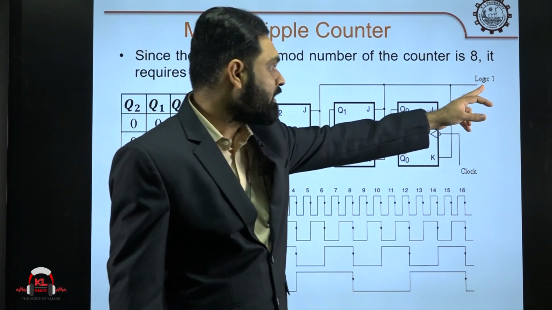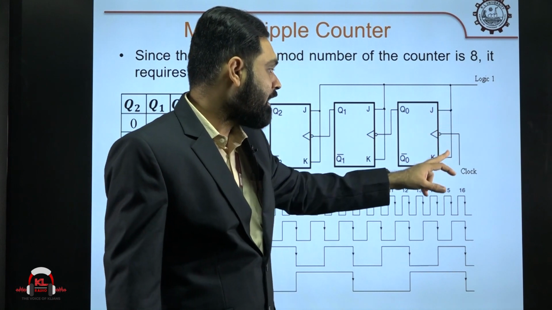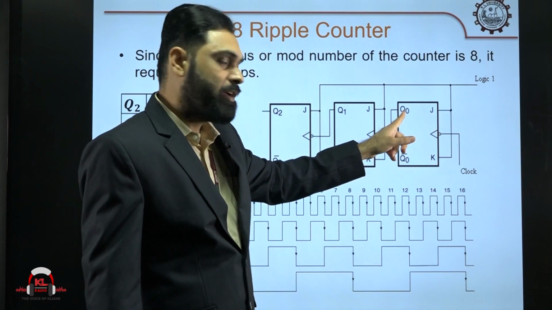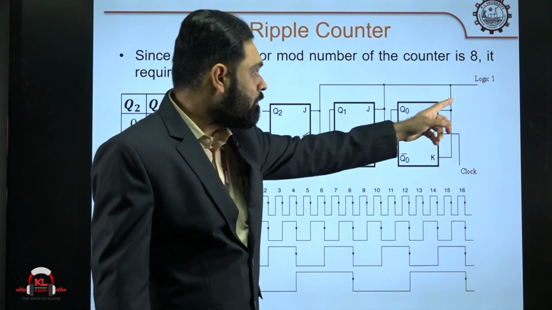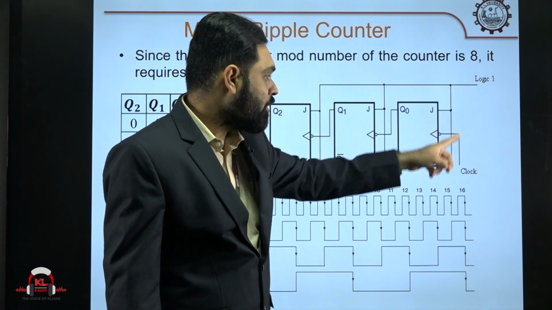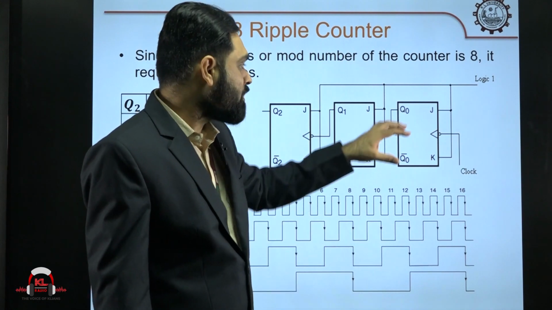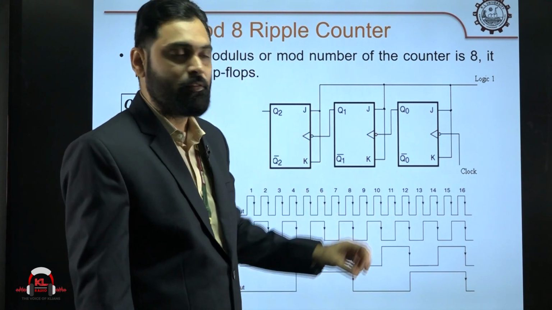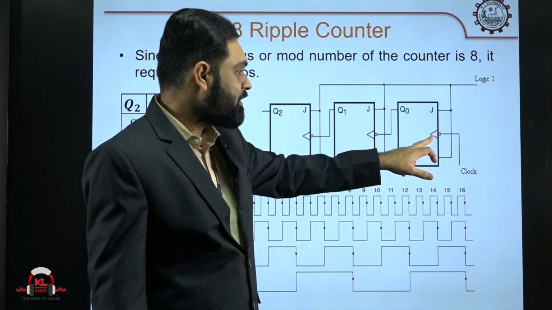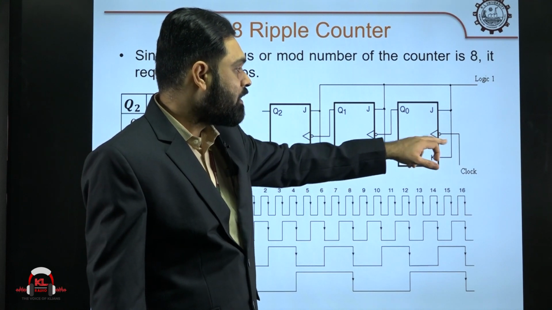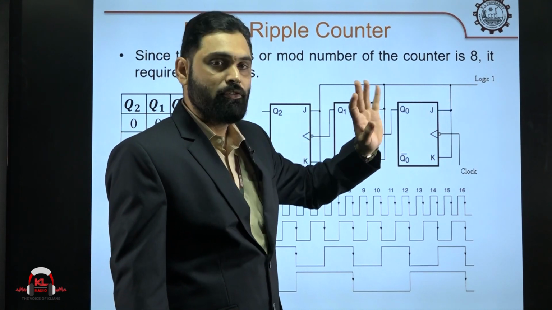Toggle mode means when 1 is applied here, J and K will get 1 and the output will become 0 at one stage. When you give another clock pulse by keeping 1 1 at JK, then the output will become 1. That means the output toggles. So, I am going to operate these JK flip flops in that mode. That is why the first flip flop is getting the edge triggered clock, and J and K are shorted and connected to logic 1.